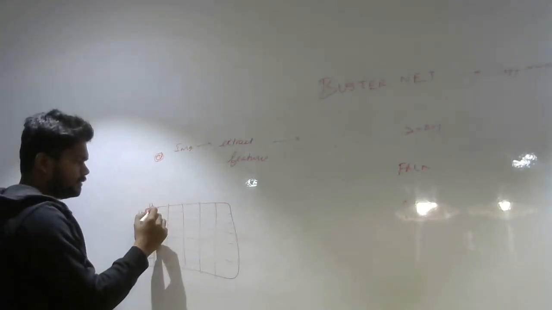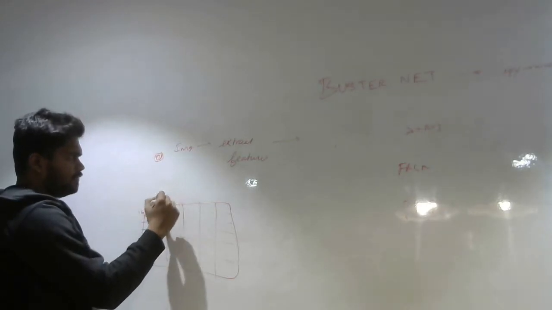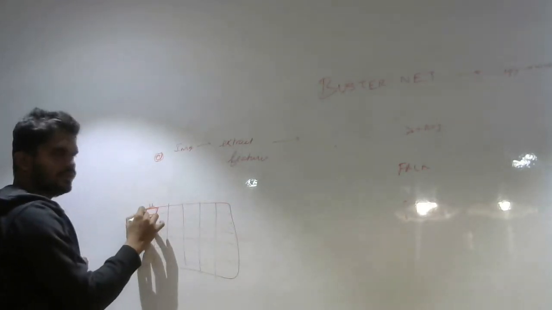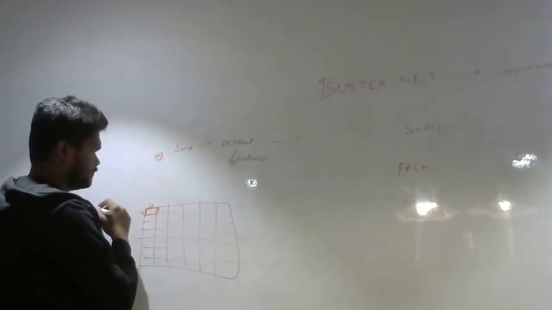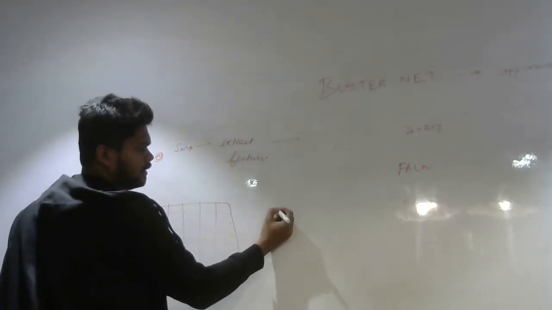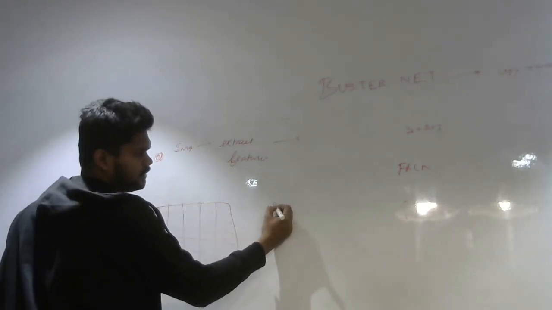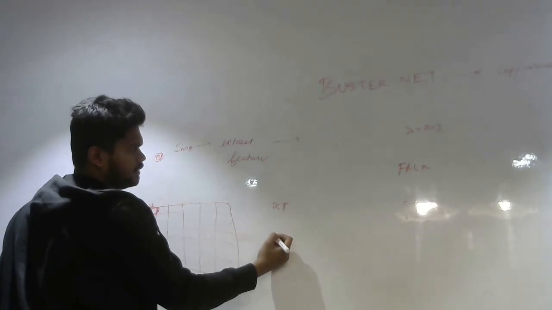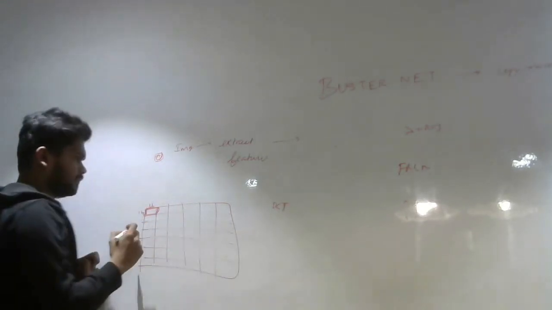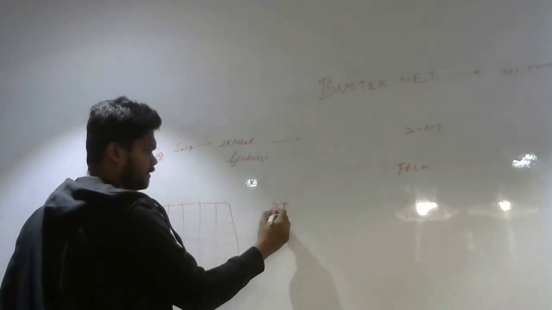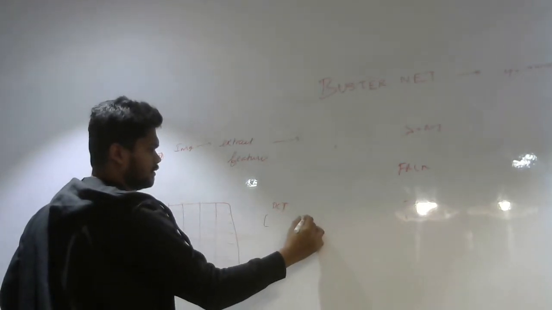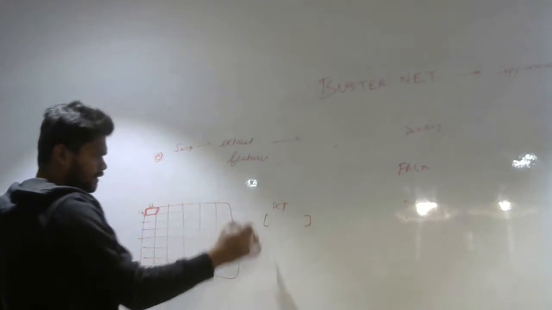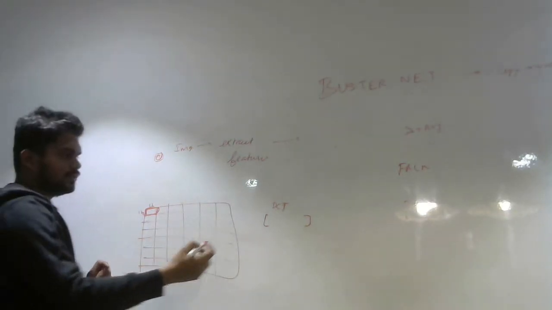They then calculate the feature for each of these blocks. The feature they use is DCT, discrete cosine transformation. Once you calculate it, you have a vector. Then you loop over all of these and calculate for each.